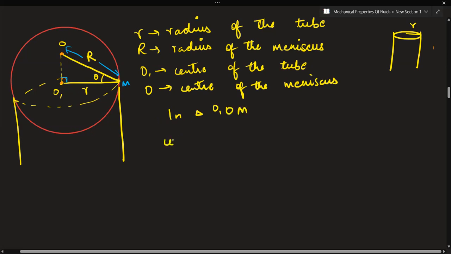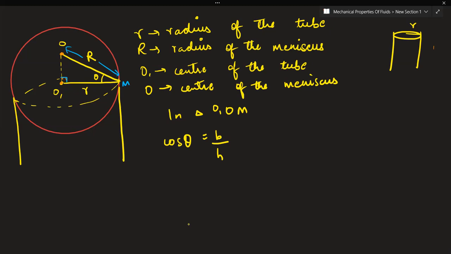if we see, cos theta is base divided by hypotenuse. What is the base from this triangle? See, this is theta. The opposite side to the angle is known as the perpendicular.